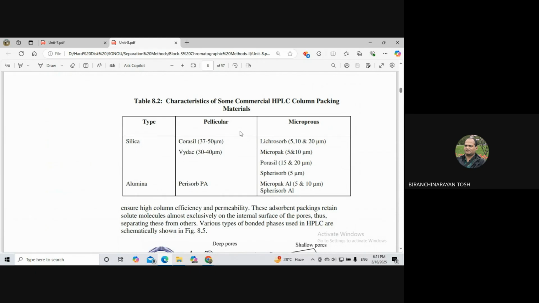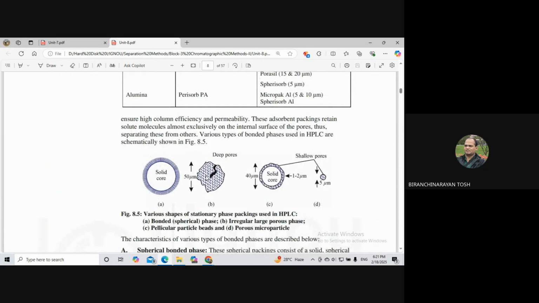So these are the characteristics of some commercial HPLC column packing materials. Silica and alumina are used. There are various shapes of stationary phase packing in HPLC: bonded, that is spherical phase; irregular, large porous phase; pellicular particles, beads, and porous microparticles.